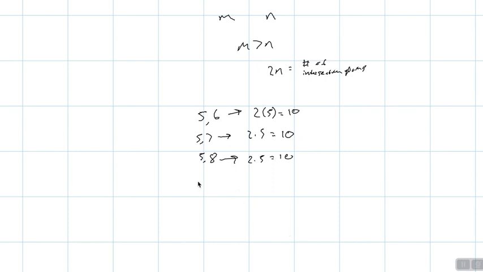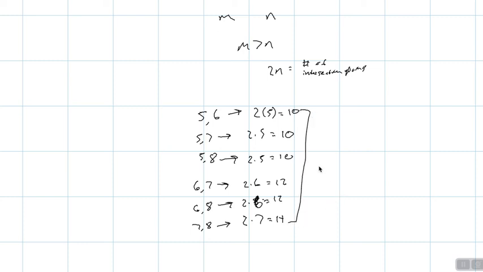And then 6 and 7 is 2 times 6, which is 12. 6 and 8, 2 times 6, which is 12. And then the 7-sided and the 8-sided, comparing those, it's going to be 2 times 7, which is 14.